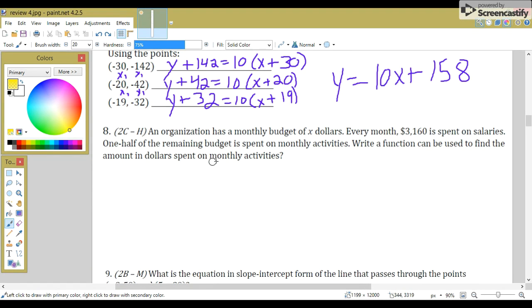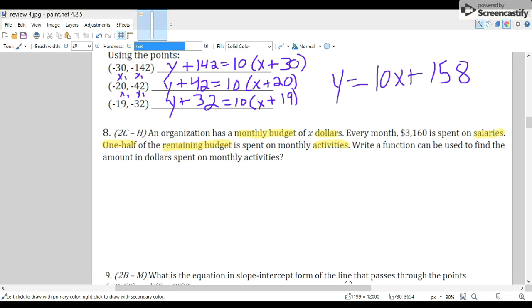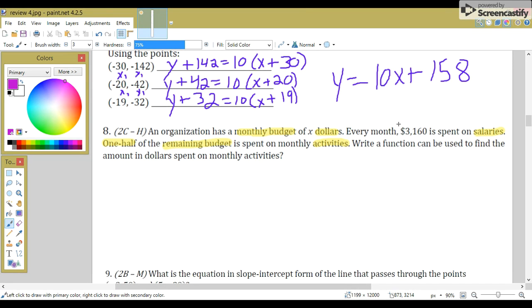So from here, let's go ahead and highlight our important words. So it has monthly budget, x dollars. Every month, $3,160 is spent on salaries. 1/2 of the remaining budget is spent on monthly activities. So we have $3,160 and x dollars.